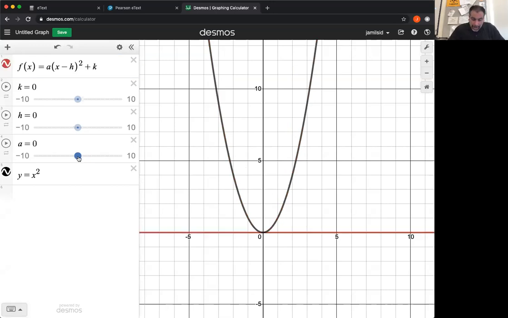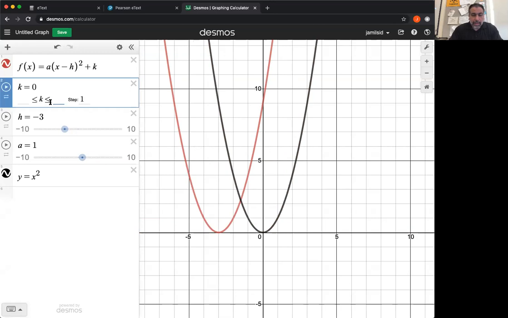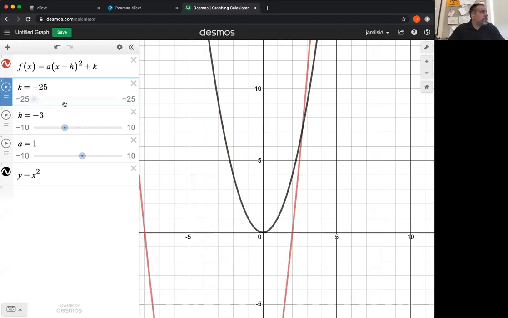And the problem that we had, we said that h was going to be equal to negative 3. Oops, I'm sorry, hold on. There we go. So there's x squared moved over. Let me just start over. X squared is moved over negative 3. And now we've got to move it down all the way to 23. So we've got to get this down a little further, so I've got some space.